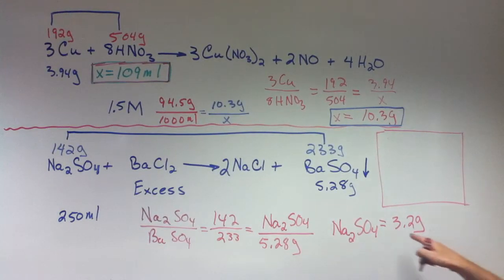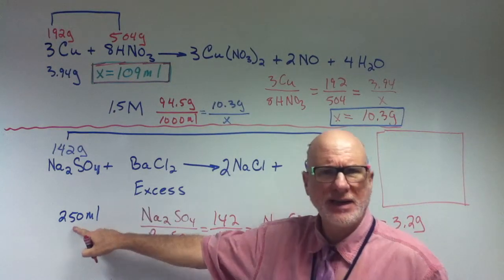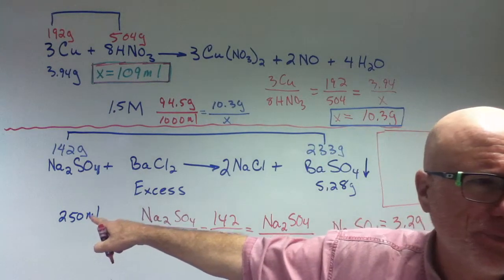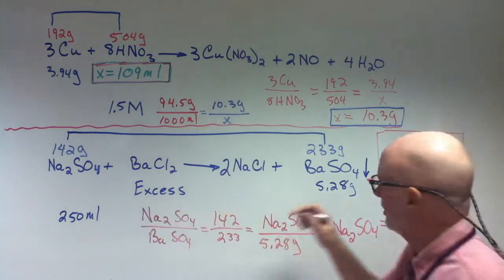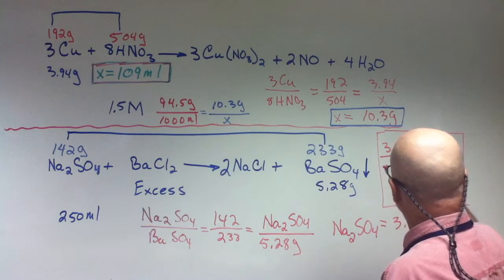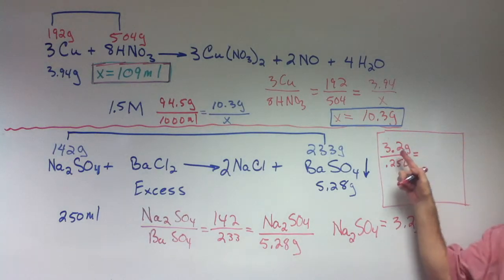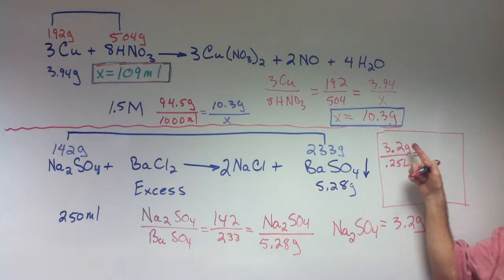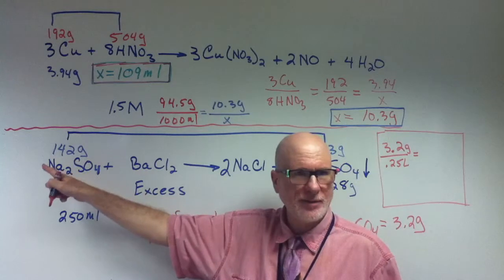All right, now. So, 3.2 grams in, how many liters is that? 0.25 liters, right? So it's going to be 3.2 over 0.25 liters. I want to make that equivalent. What do I divide that by? 142, correct?